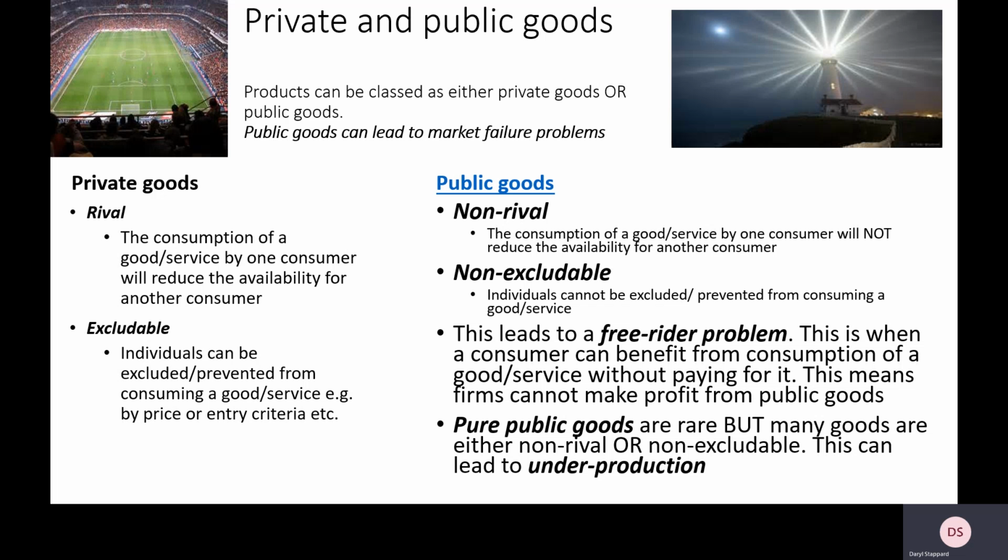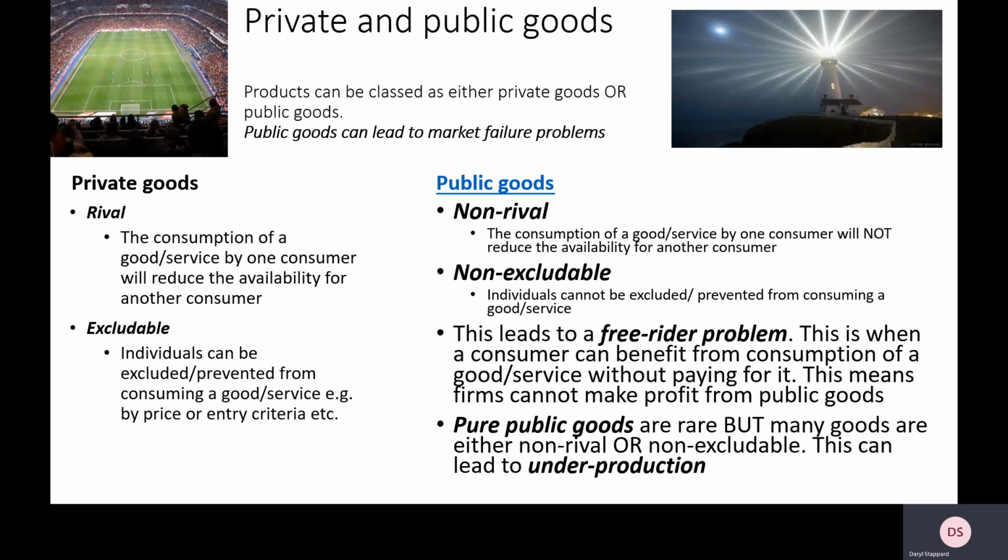The vast majority of products that you will buy will be private goods. So when you go to the cinema, it's a private good. When you go to a restaurant for some food, again, it's a private good. Travelling on a bus is a private good. Holidays are private goods. So private goods are not the market failure in question here.